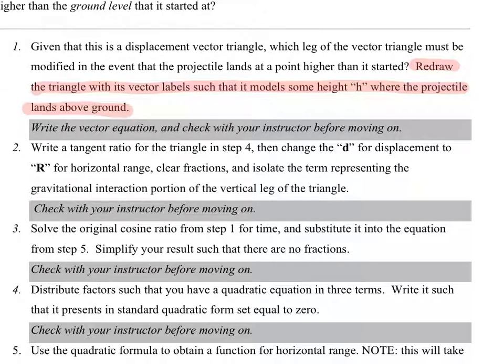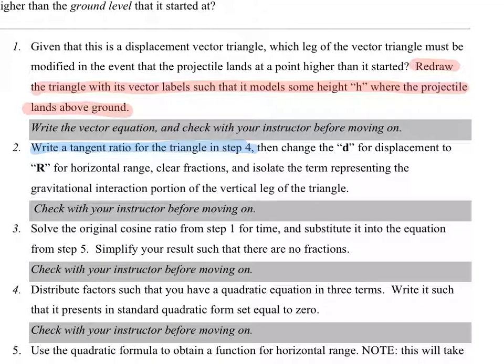Then we can come on to this next spot here. So write a tangent ratio for the triangle in step 4. So that would have been what we just did, because the numbering got goofed up here now that I realize that. And then change D to R for horizontal range.